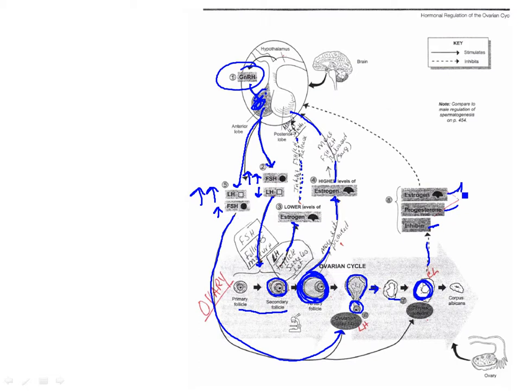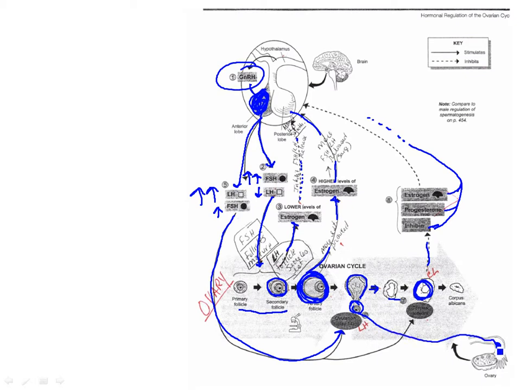So these three all together have an inhibitory effect, as illustrated here by the dotted line, on the anterior pituitary. Now, why would we want to be inhibiting the anterior pituitary? I knew you knew the answer to that. Of course, you don't want to mature another follicle and then ovulate another oocyte when you've already got one out here in the fallopian tube waiting to be fertilized.